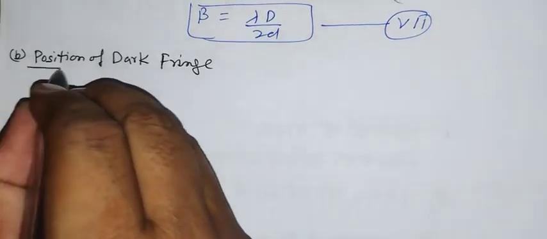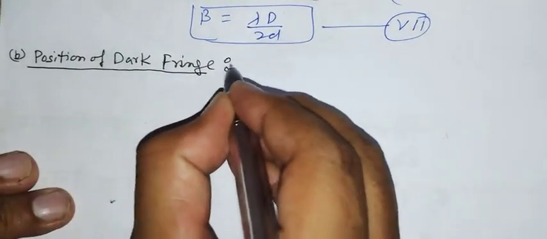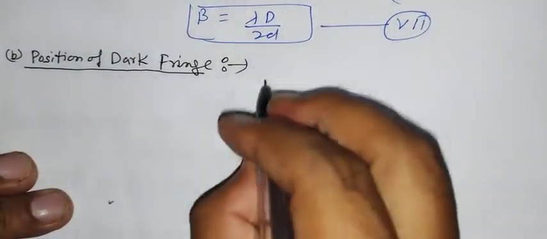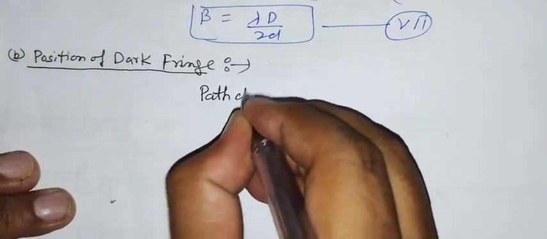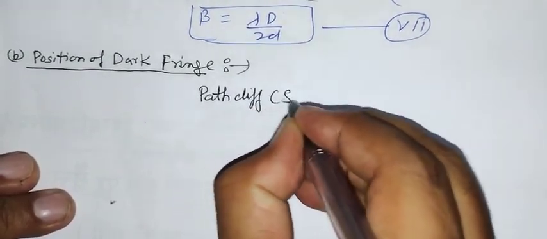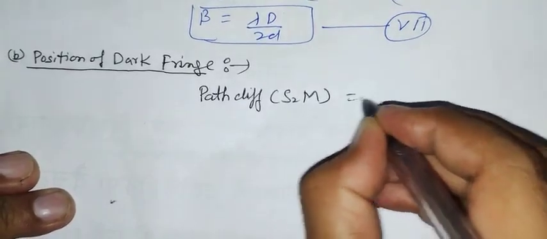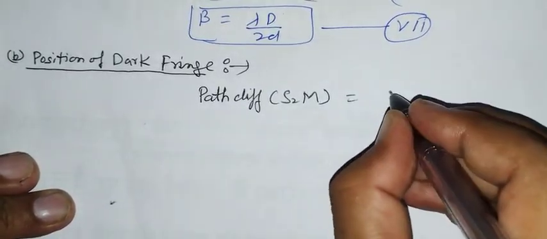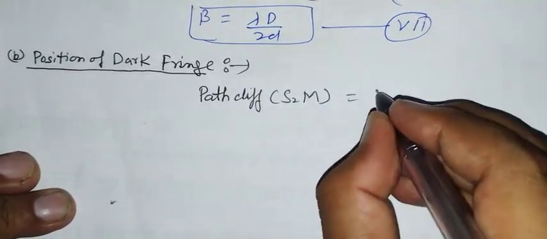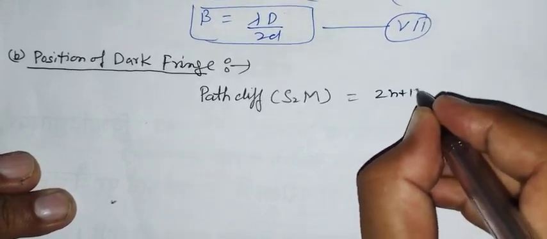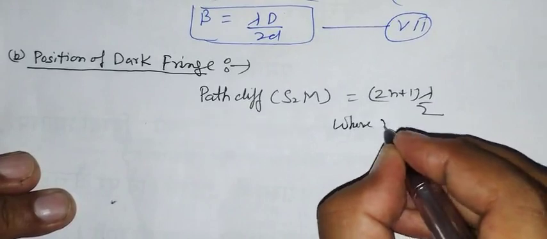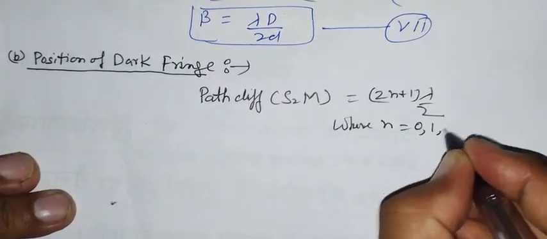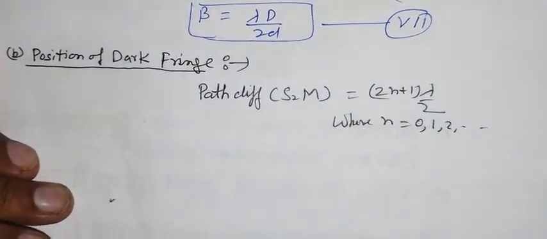Now it is time to see the position of dark fringes, the condition of dark fringe. Dark fringes are obtained when the path difference, that is S2m, is equal to an odd number multiple of half wavelength, that is (2n plus 1) lambda by 2, where n is a whole number, that is 0, 1, 2, 3 and so on.